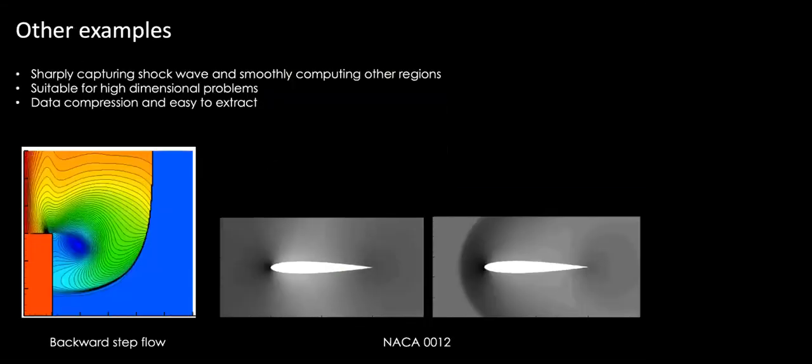At last, PINN has the following advantages in computing compressible flows. First, it can capture shock waves and smooth regions, and is suitable for conditional problems.